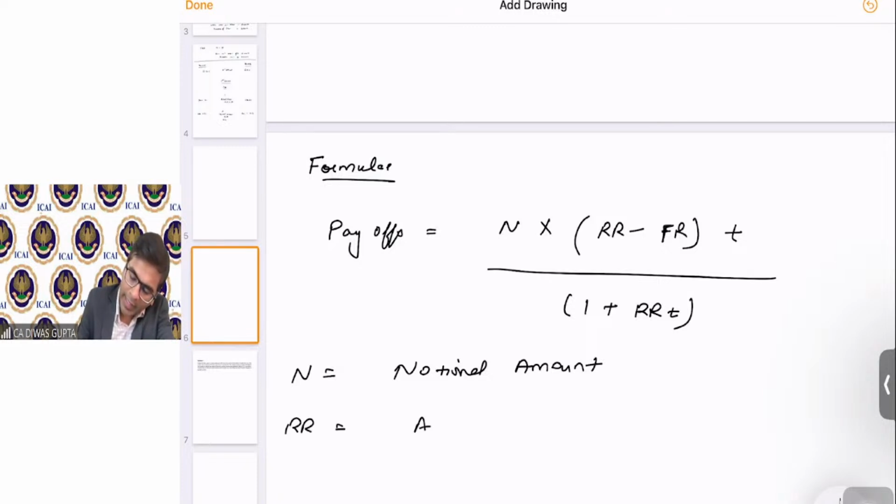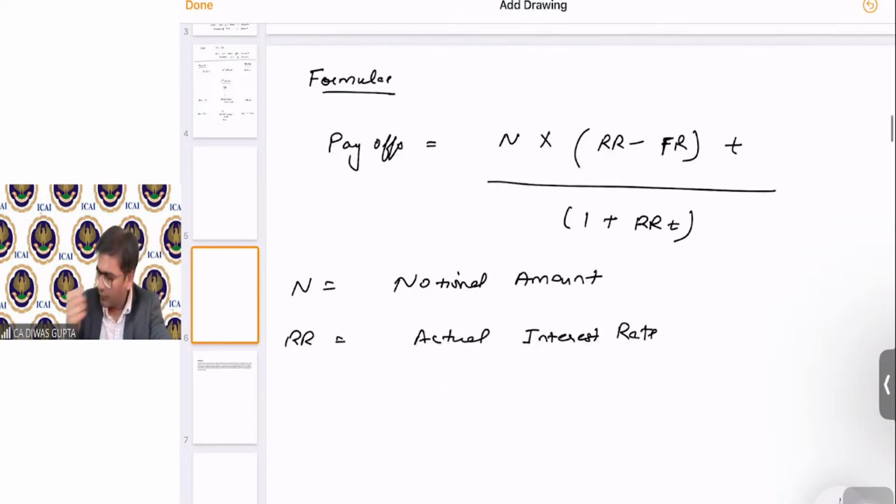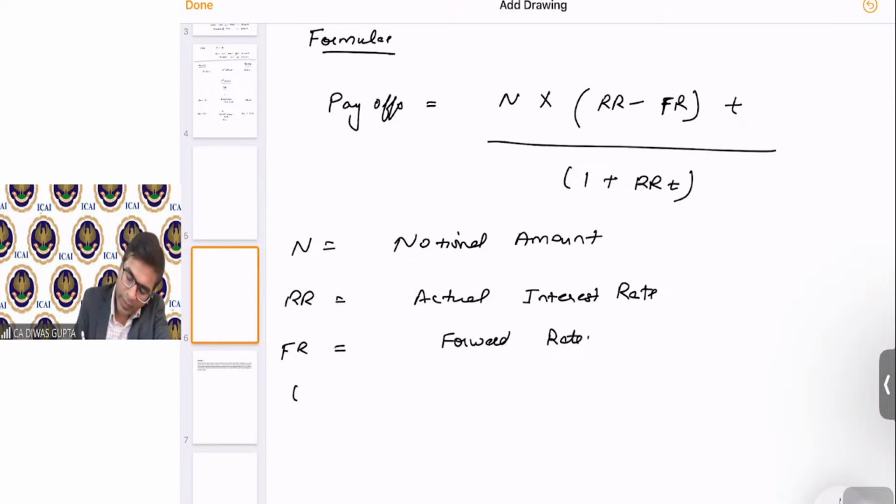RR is equal to the actual interest rate. And FR is equal to the forward rate. T was our time period, which was equal to our duration of the loan.